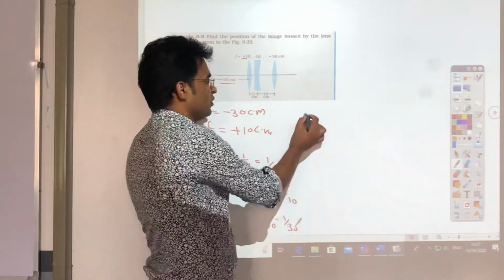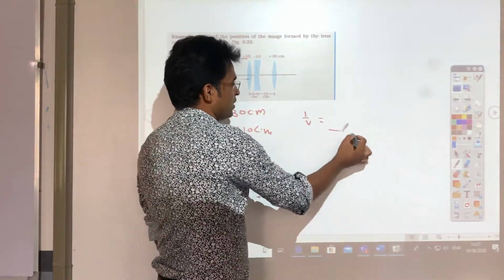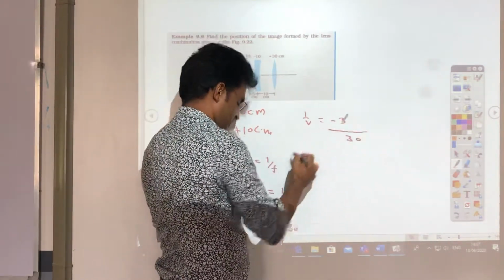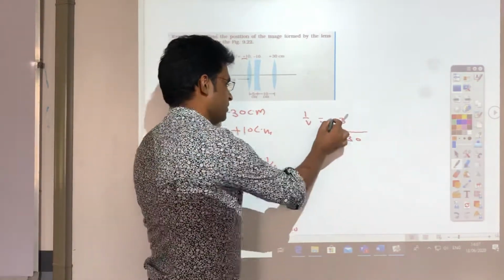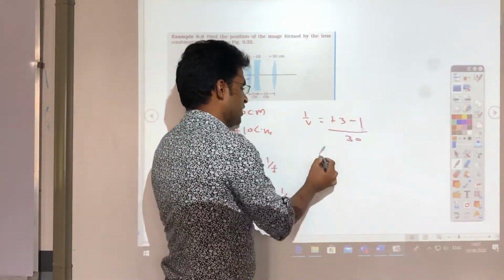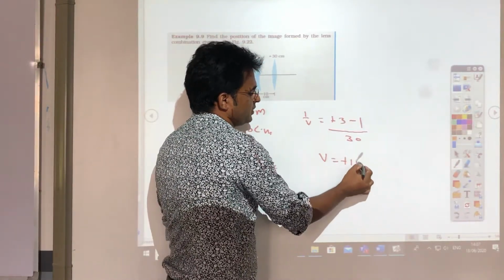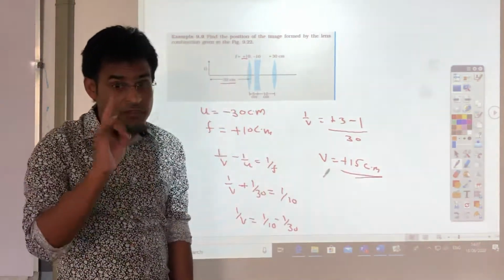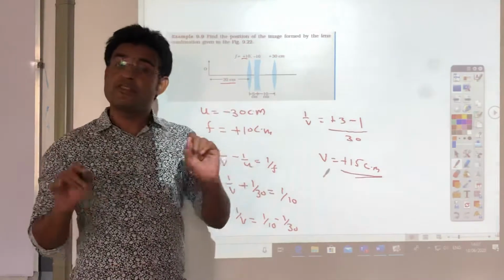Taking 30 as the LCM, this is 3 minus 1 over 30. So I get v is equal to plus 15 centimeter. It means the image formed by the first lens will be 15 centimeters from the first lens.